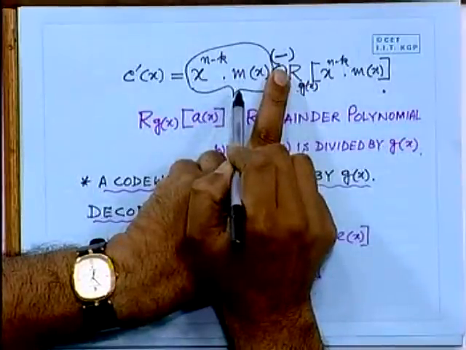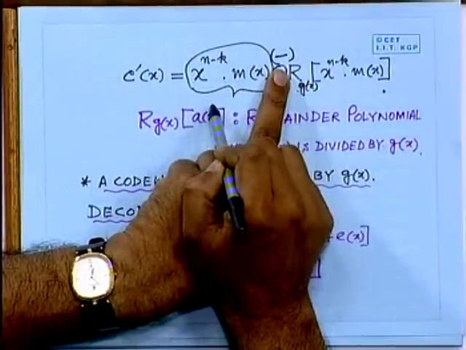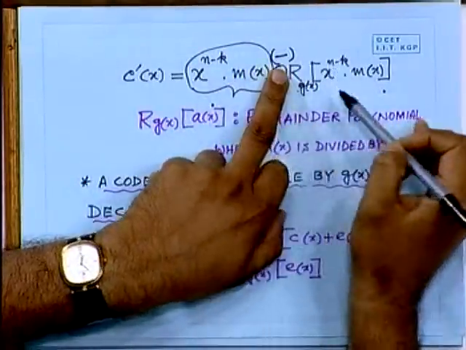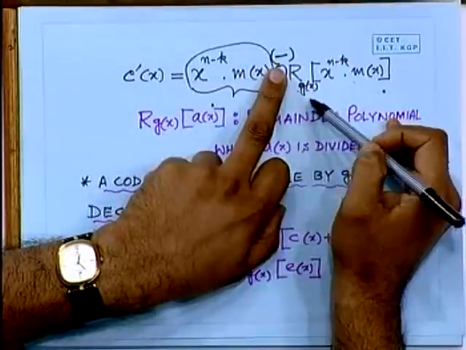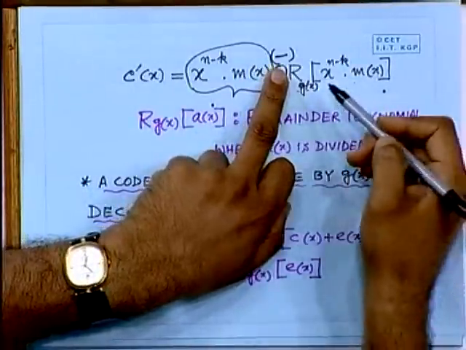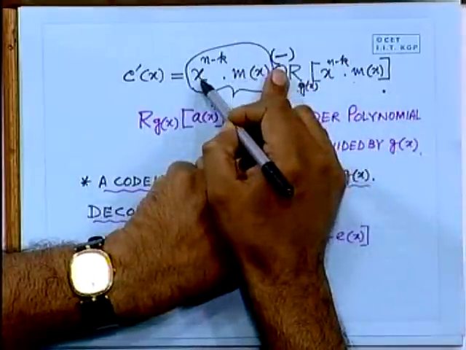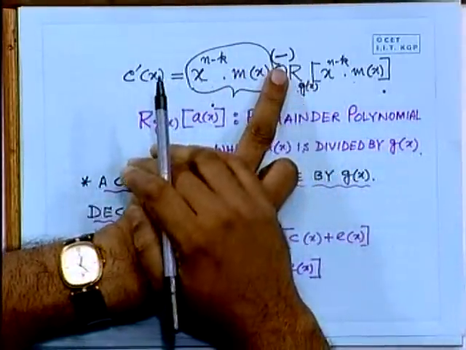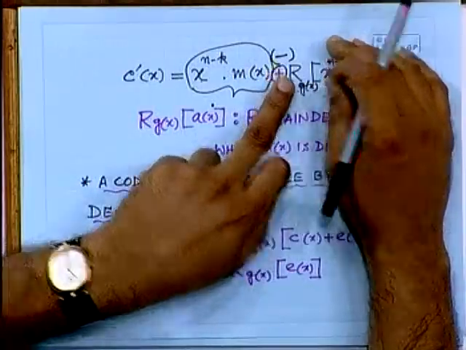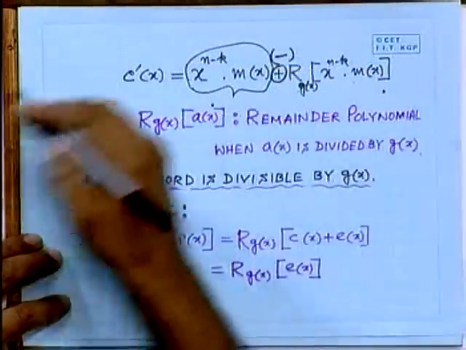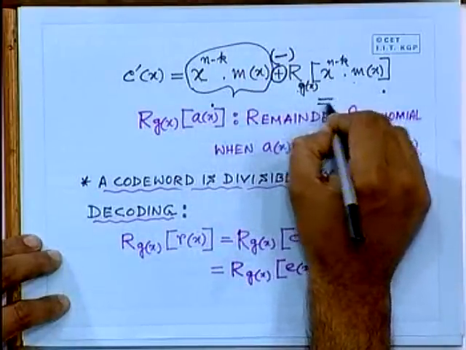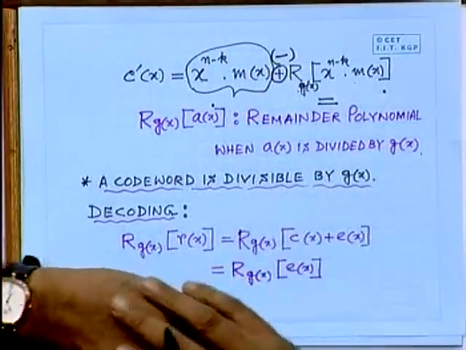Think of this. Fundamentally, a shifted version of mx is first written, and then that shifted version is divided by the generator polynomial. Whatever is the remainder is now subtracted from this shifted version of mx. Now once I subtract that remainder, I can write this whole thing equivalently as some multiple.